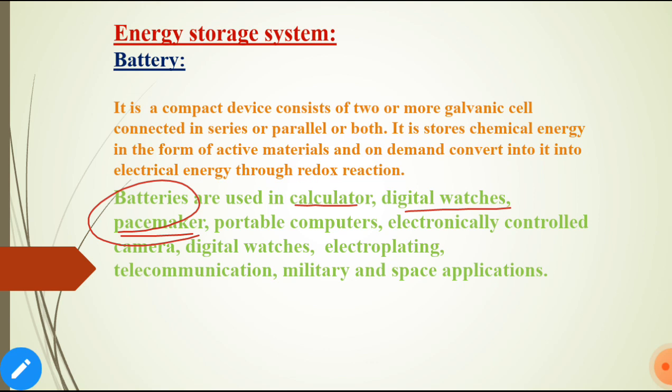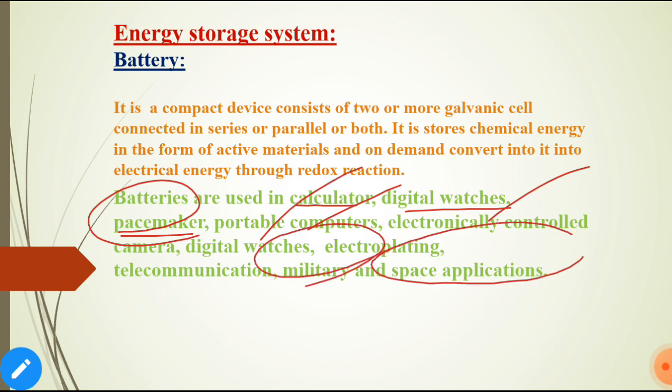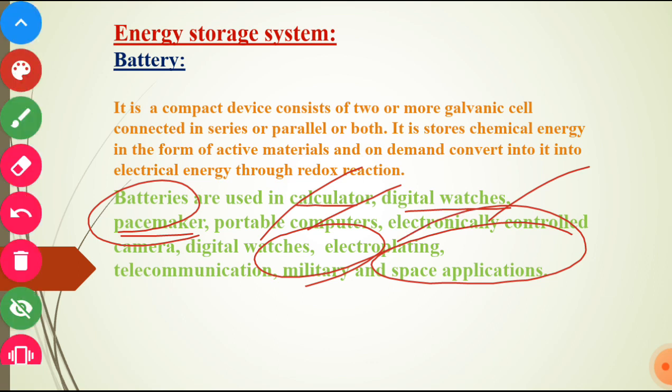It is implanted under the skin of the chest. Batteries are also used in portable computers, electronically controlled cameras, electroplating, telecommunication, and military and space applications. These are the uses of batteries.